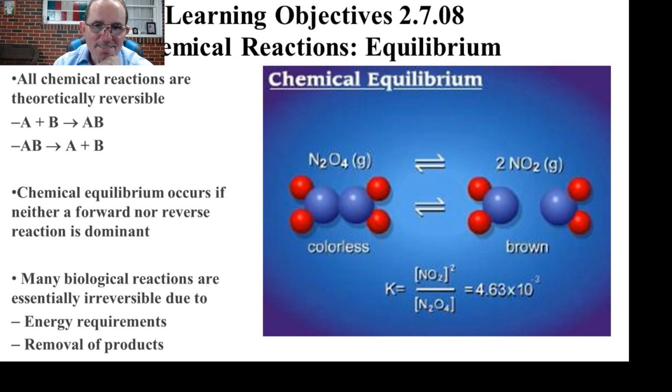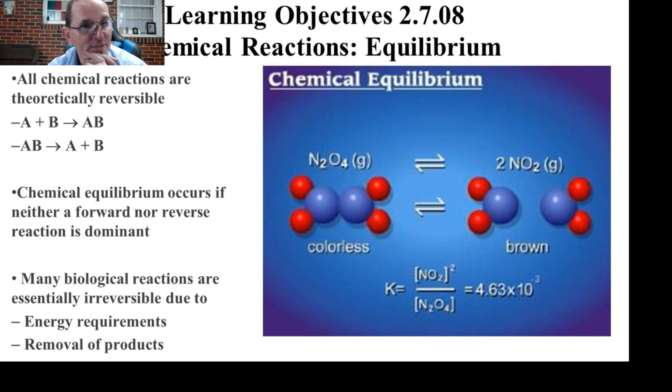Here's what it is, guys. There is a balance point for this. Now, it doesn't have to be 50-50. It could be 80-20. But there is a point where about 80% of them maybe are going this way to breaking, but 20% of them are coming back the other way. It just depends on the actual substance or the molecule as to which way it is.